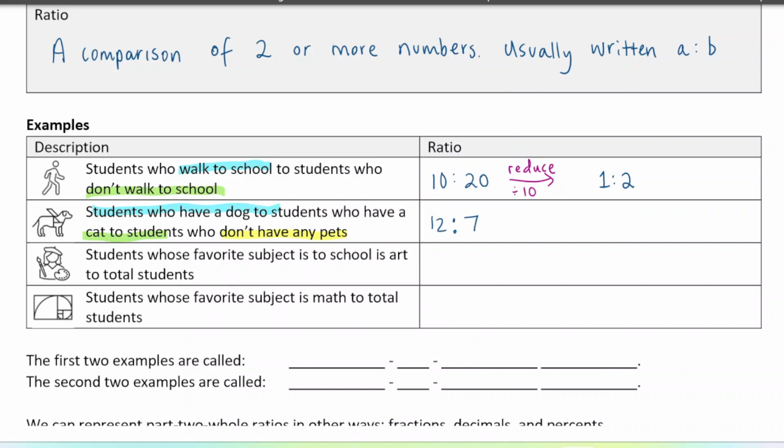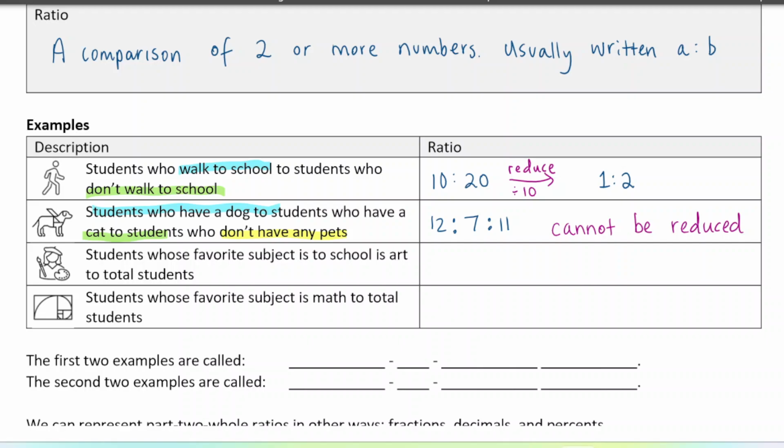Let's say 7 students have a cat, and let's say there are 11 students who don't have any pets at all. This cannot be reduced because there is no number that divides evenly into 12, 7, and 11. And this is a 3-part ratio because we're comparing 3 numbers.